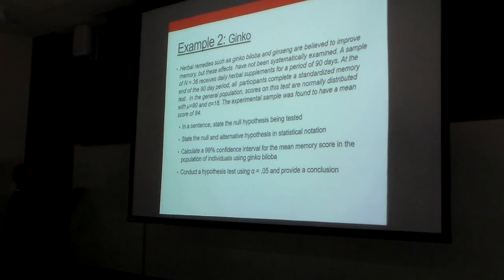All right, what's the standard deviation of the population? 18. Okay, over the square root of my sample size, right? So I've got 36 people. This turns out into nice workable math. What's 18 divided by 6? 3. There we go. So we got a standard error of 3.